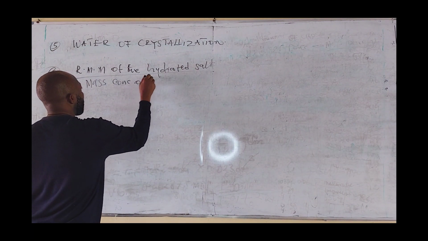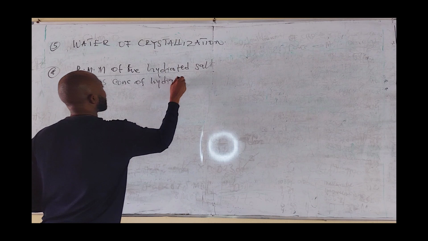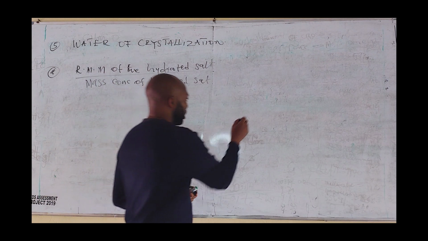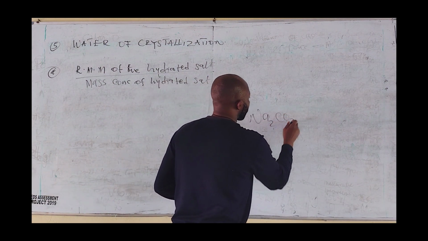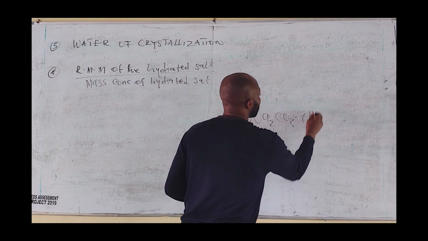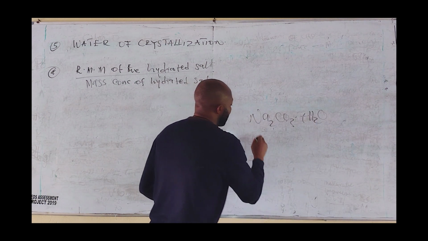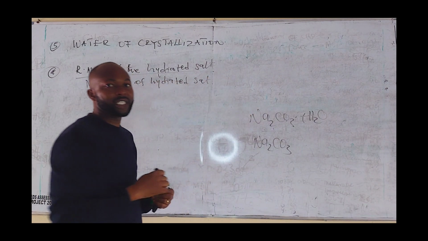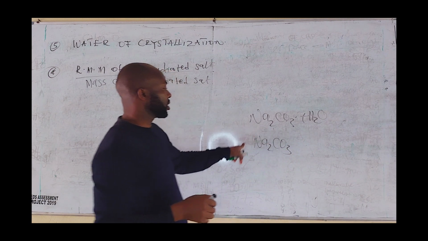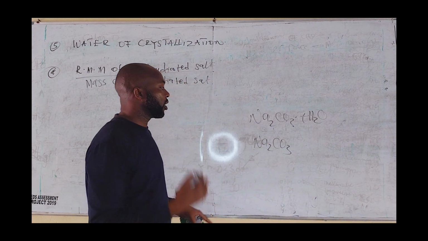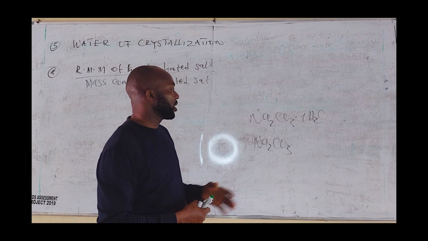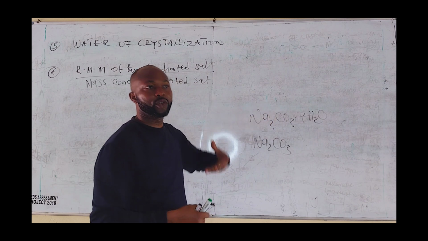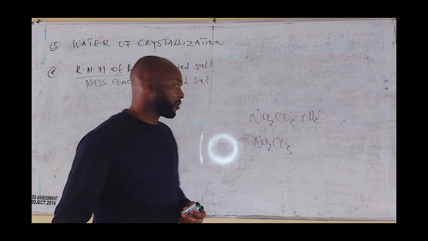Mass con of hydrated salt. When I mean hydrated and anhydrous, if I have Na2CO3.7H2O, this is hydrated. If I have Na2CO3, this is anhydrous, meaning it has lost all its water of crystallization. So in the course of doing that, we must certainly know the anhydrous nature of the salt and the hydrated. And by that, we'll be able to calculate our X effectively.